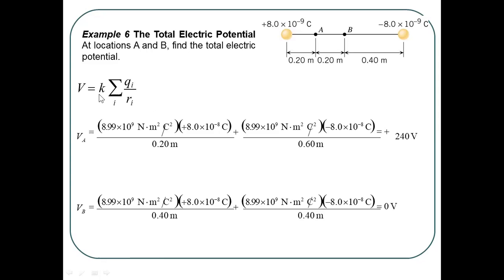Remember that we're going to use this formula: V is equal to Coulomb's constant times the summation of individual charges over their respective distances.